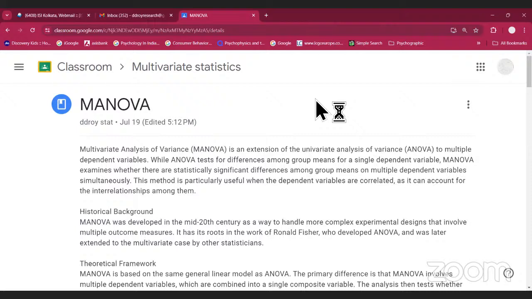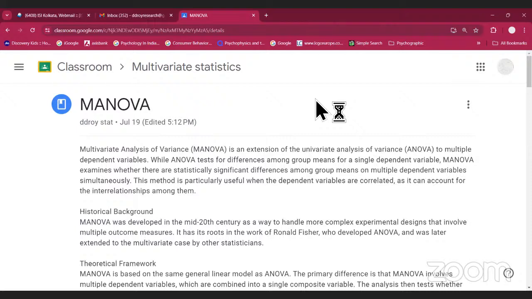MANOVA examines whether there are statistically significant differences among group means on multiple dependent variables simultaneously. This method is particularly useful when the dependent variables are correlated, as it can account for the interrelationships among them.